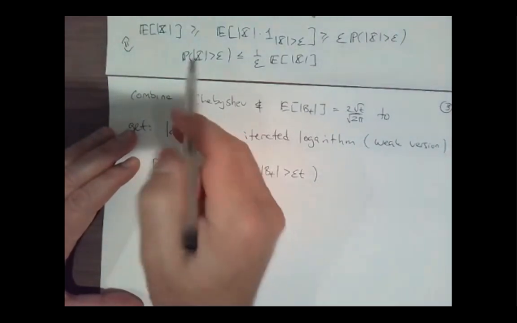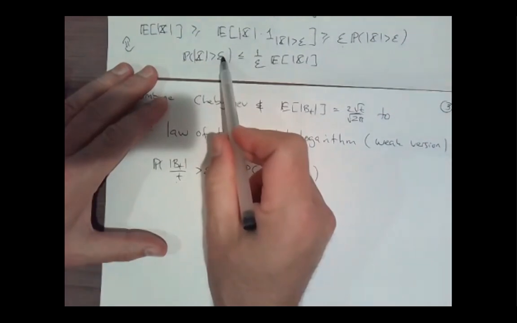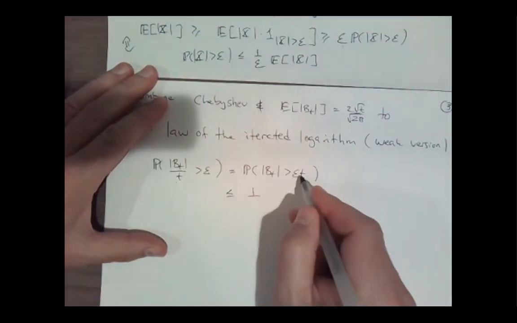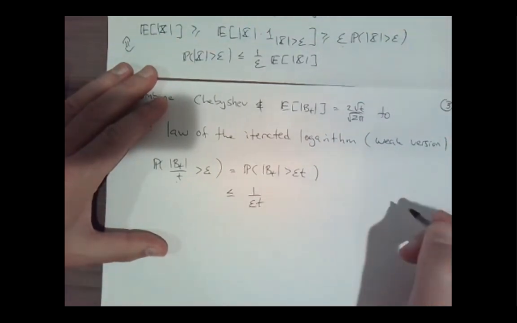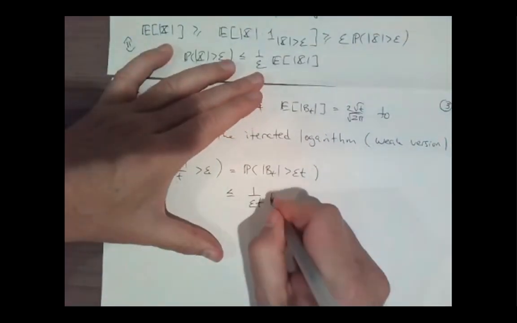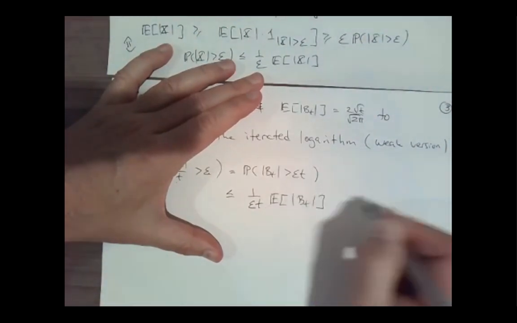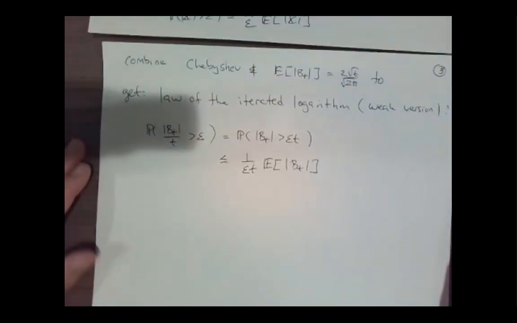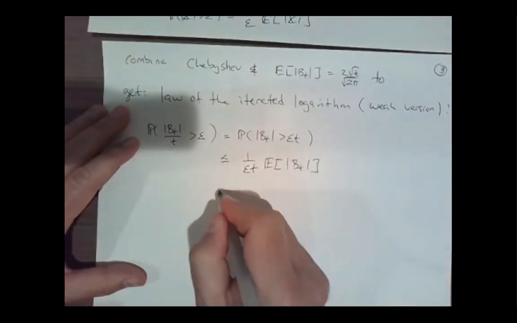It says that this probability is less than 1 over the constant, which here is epsilon t, times the expectation of the absolute value of Bt, which is the thing that I computed, so I can plug that in.